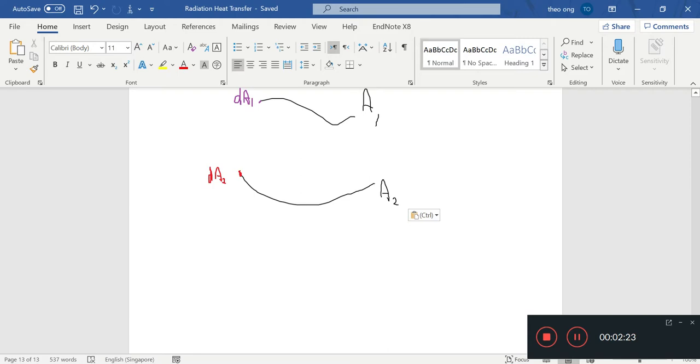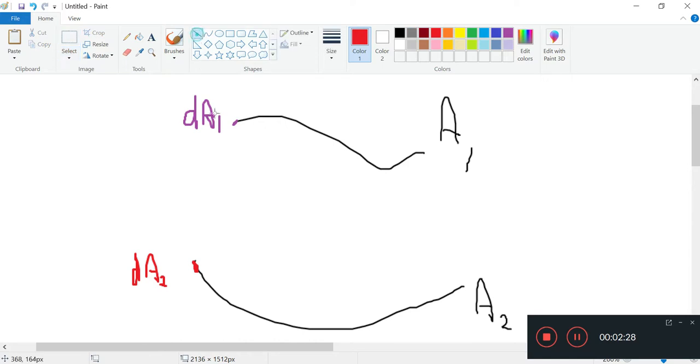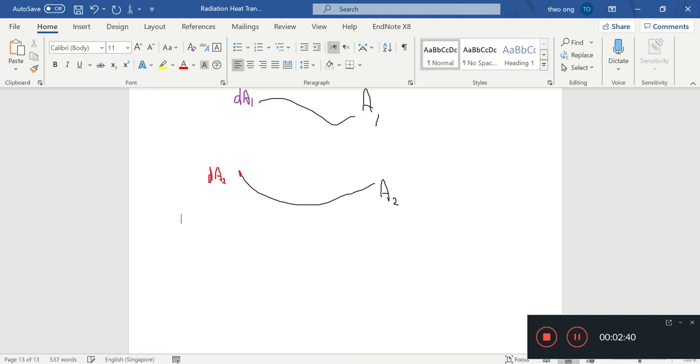So to start out, before we do the integration, we need to find out how we do heat transfer between two very small surface areas. In general, we need to integrate the heat transfer between the infinitesimally small areas until we get the full heat transfer, say between A1 and A2.